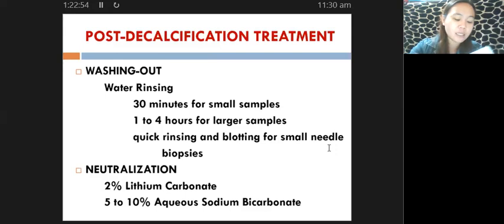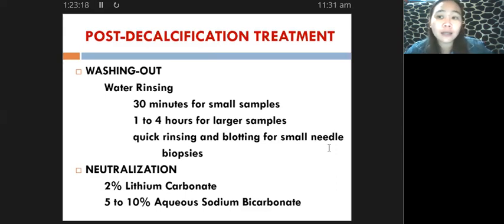For larger samples, you perform water rinsing for 1 to 4 hours. And for small needle biopsies, you just perform quick rinsing and blotting.